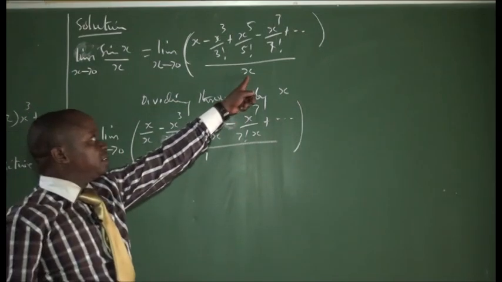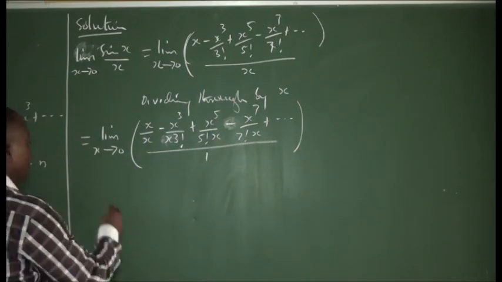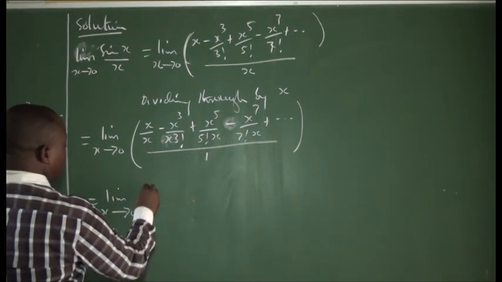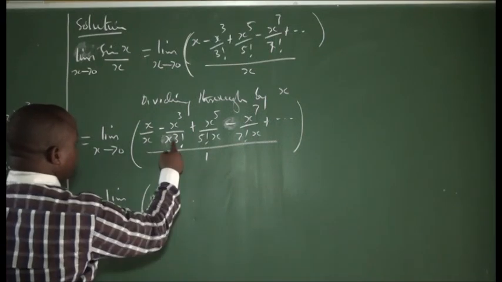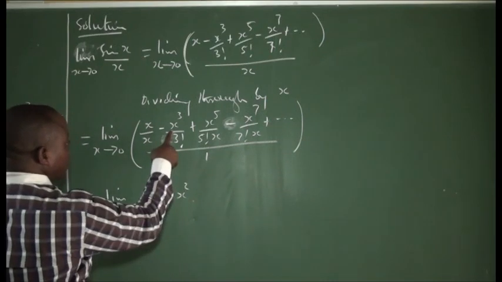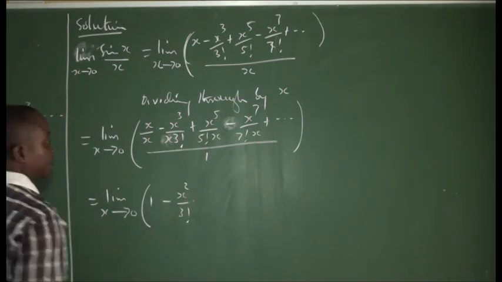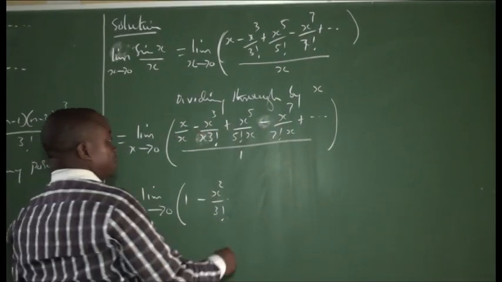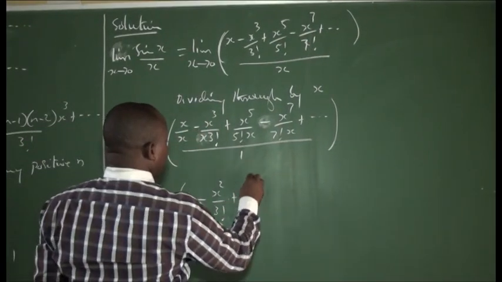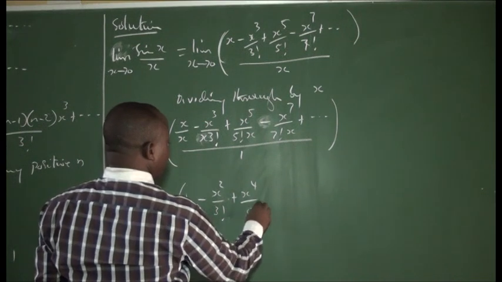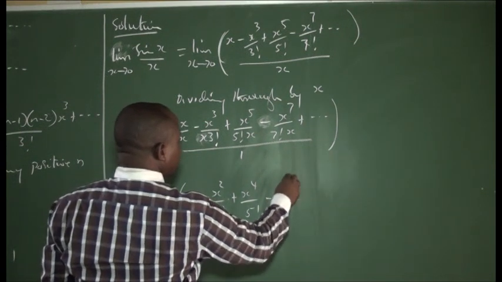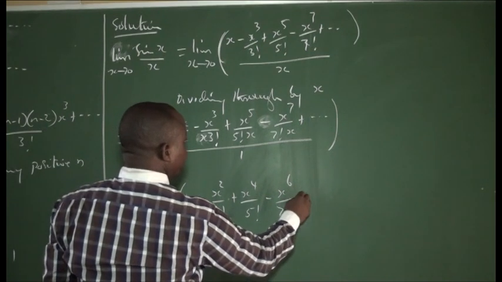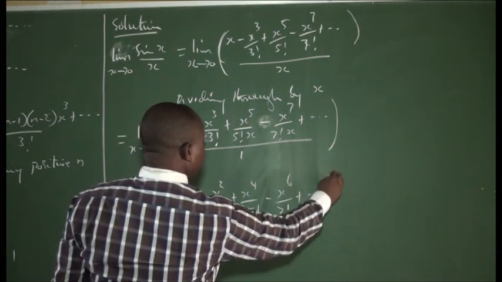I divide the denominator x by x to become 1, and that gives me the limit as x approaches 0 of 1 minus x squared over 3 factorial, because the x cancels, plus x raised to the power 4 over 5 factorial minus x raised to the power 6 over 7 factorial plus, and so on.